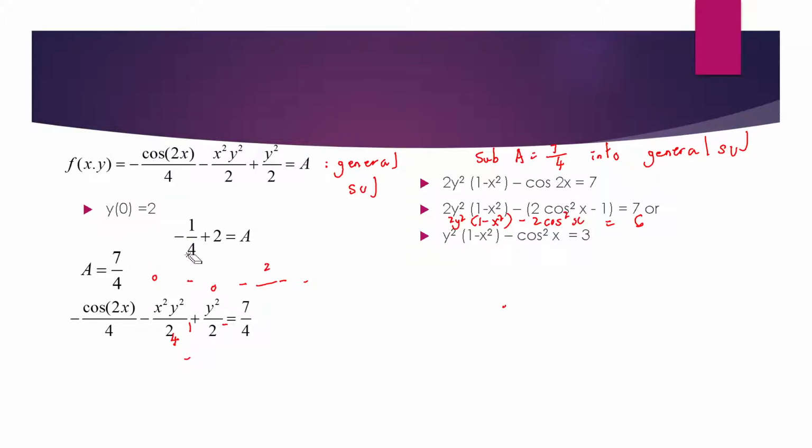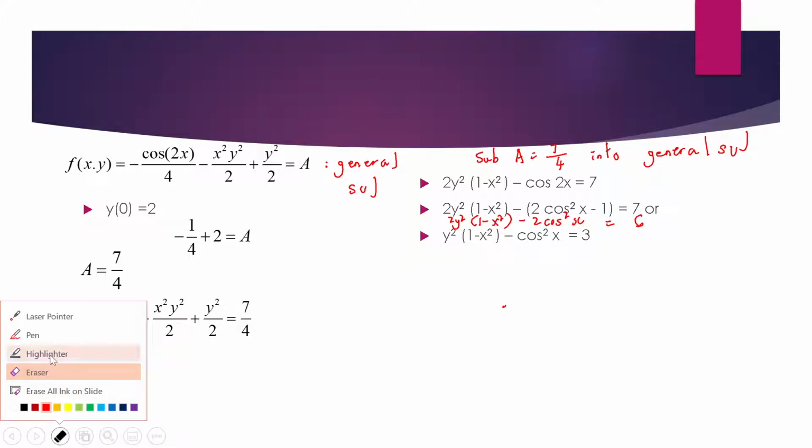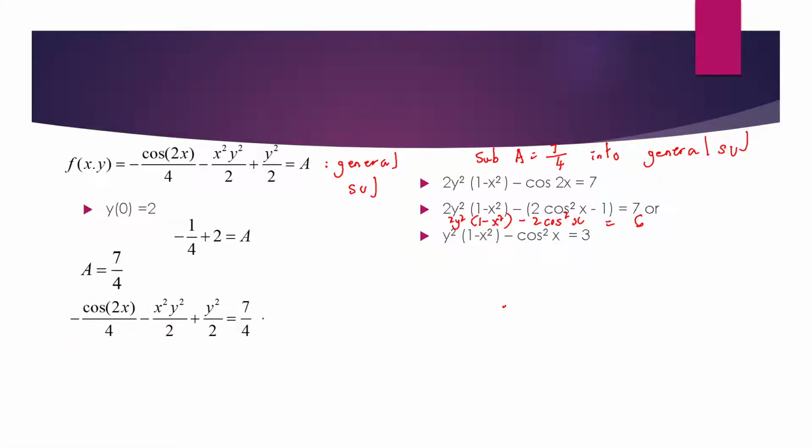Just now you plugged in the initial condition and obtained A as 7 over 4. So plug in A equal to 7 over 4, directly. You may stop here; this is the particular solution.